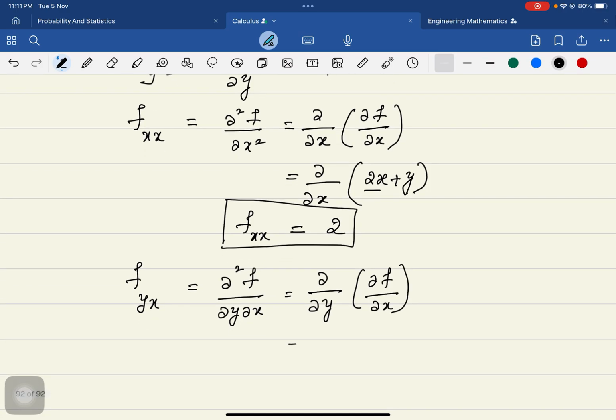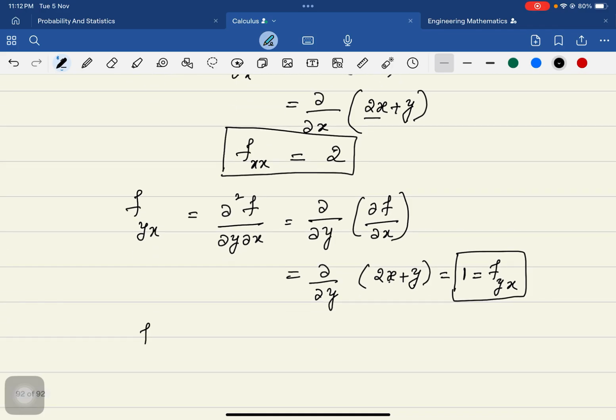That means dou by dou y of the function dou f by dou x, which we have already got as 2x plus y. Now the derivative of 2x is 0, derivative of y is 1. So fyx is given by 1.